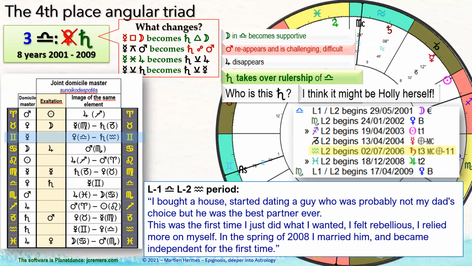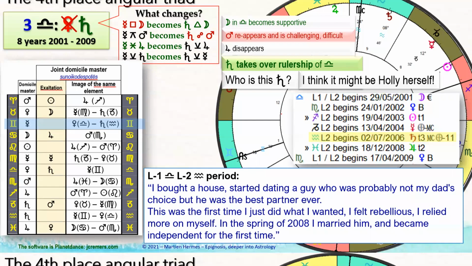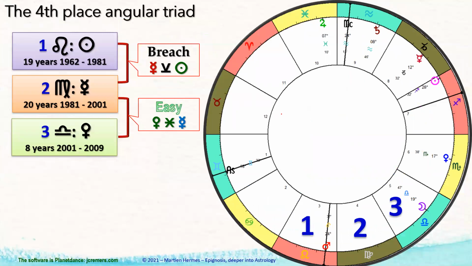Yeah. Okay. Well, now I come to the last slide of this presentation, because again, it's for the general public, and getting a sense of what you can do with this method of angular triads and also the periods that follow one another in this scenario, you can see how the ruler of each period is relating itself to the new ruler of the next period.